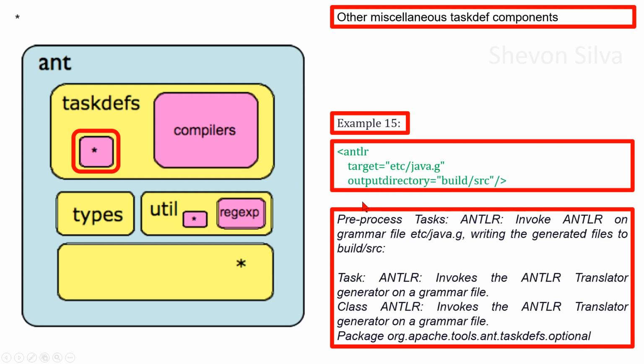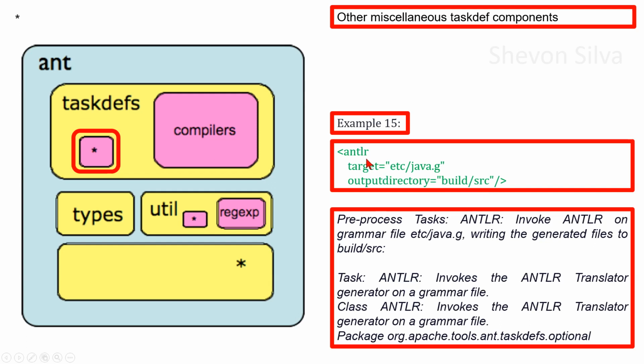Now we are considering ANTLR in preprocessed tasks. Here we invoke ANTLR on a grammar file etc/java.g, writing the generated files to build/src.